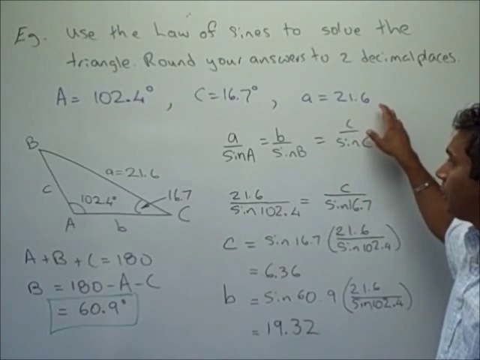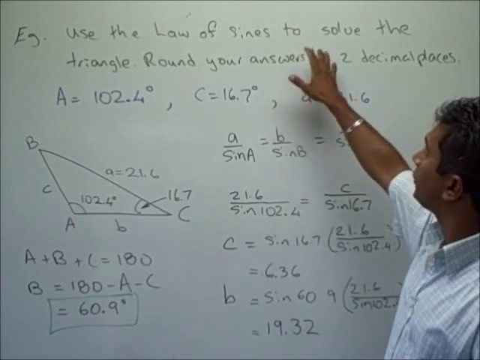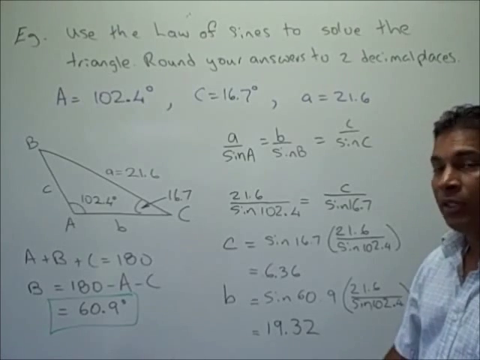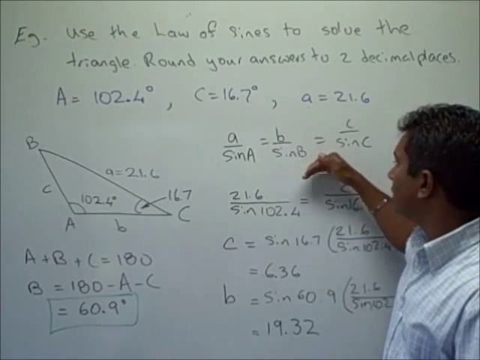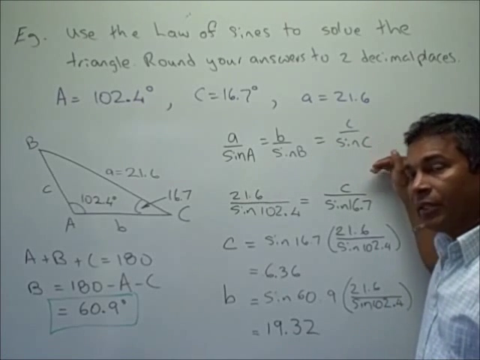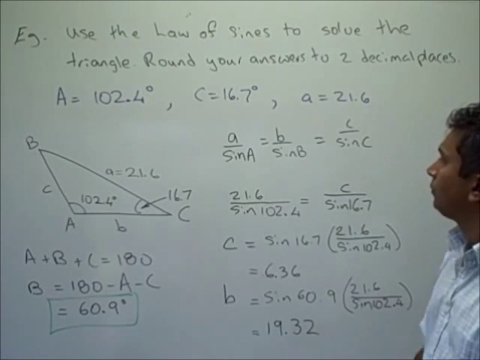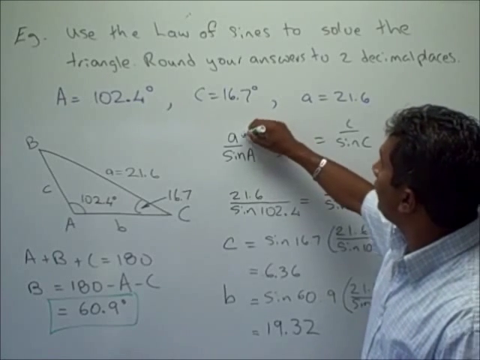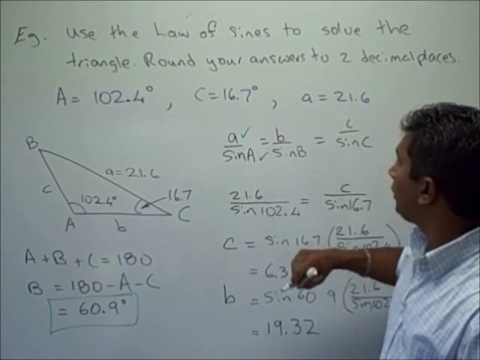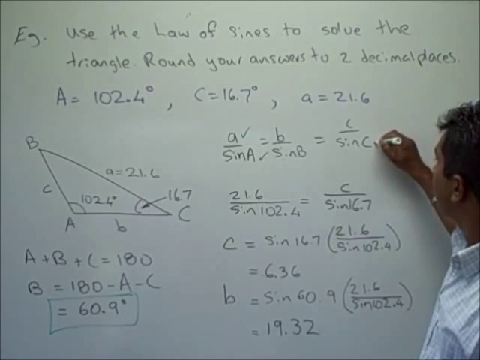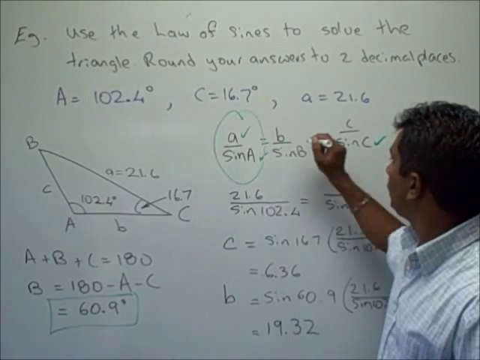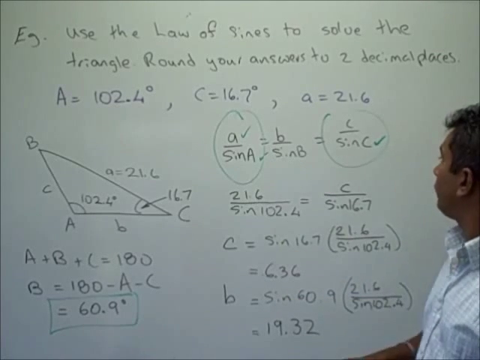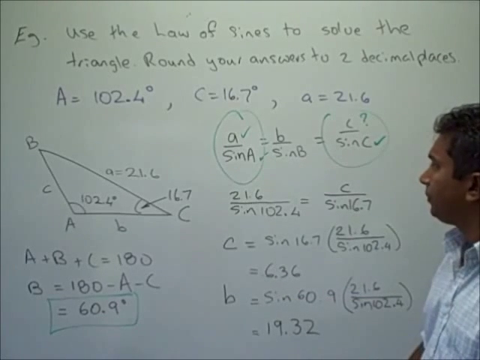Now we're going to find the other two sides. This takes us back to our sine rule. We know that our sine rule says that a over sine A is equal to b over sine B, which is equal to c over sine C. Since we already have a and angle A, and we're given angle C, we can use these two groups to solve for side c.